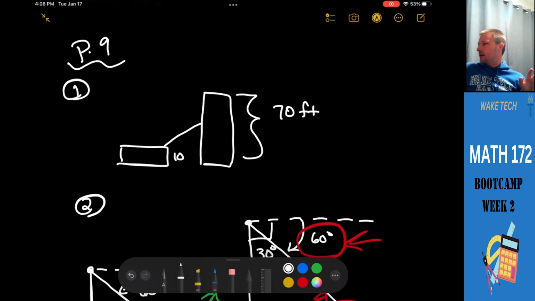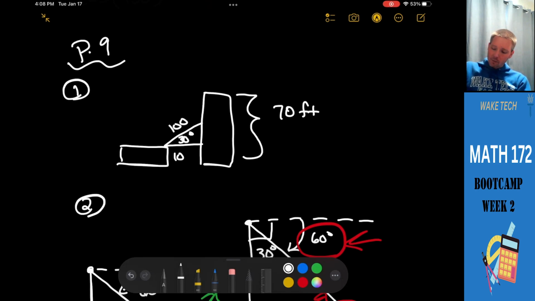The fire truck is 10 feet high and the ladder is 100 feet long. The ladder is extended at a 30-degree angle. Our question is, is this ladder going to reach up to the cat?